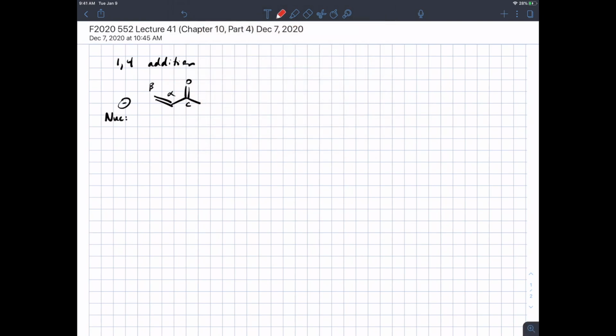Of course, if you remember from our first exam where you drew the molecular orbitals of acrolein, you know that there's a substantial amount of LUMO on the beta carbon. We'll talk in just a minute about which nucleophiles prefer to attack where.